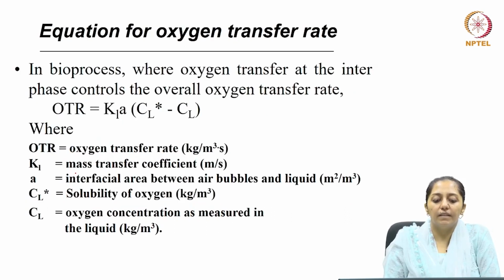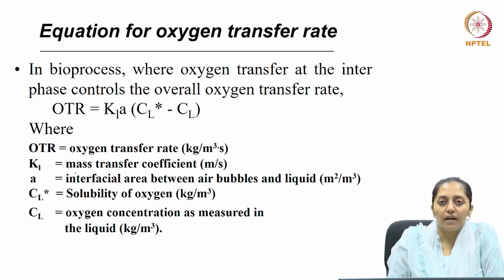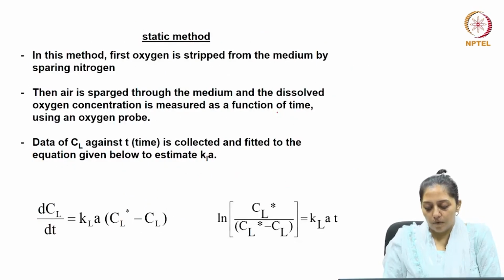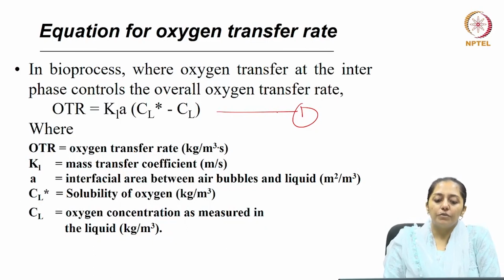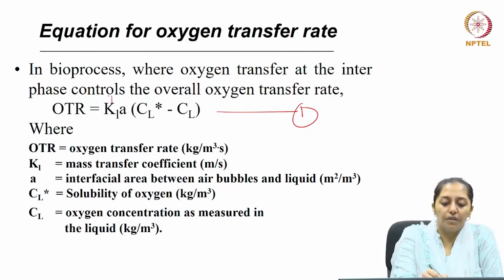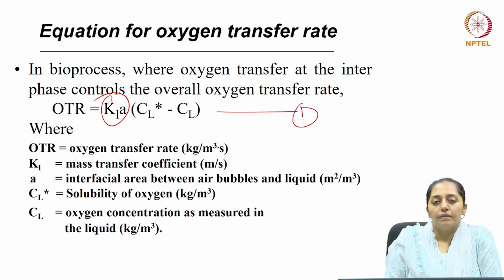So, as we have done earlier, for the oxygen transfer rate in bioprocesses, when we assume that gas liquid mass transfer resistance is the slowest step, or the gas liquid interface is the most crucial step affecting the oxygen transfer, then the oxygen transfer rate is defined as given here. Now, if we need to determine the value of KLa as shown here, we generally use two techniques.